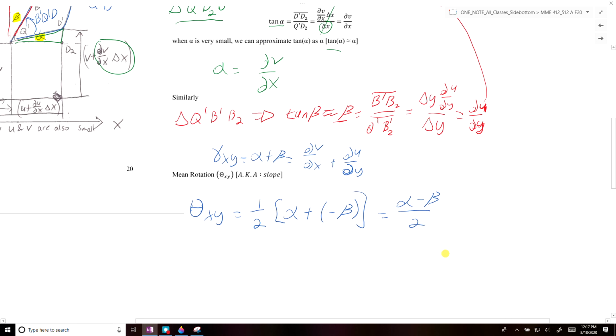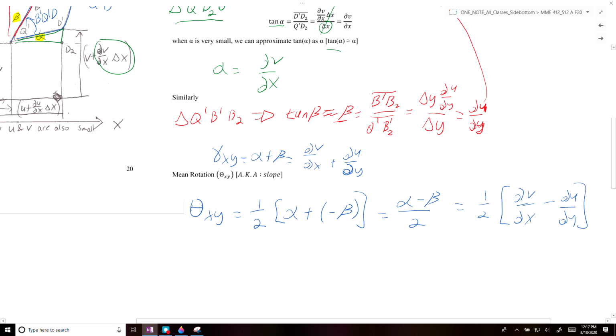If we plug in the two values that we had, we get 1/2 times alpha, which was equal to dv dx, plus the differential, and then beta was equal to the differential of u with respect to y.